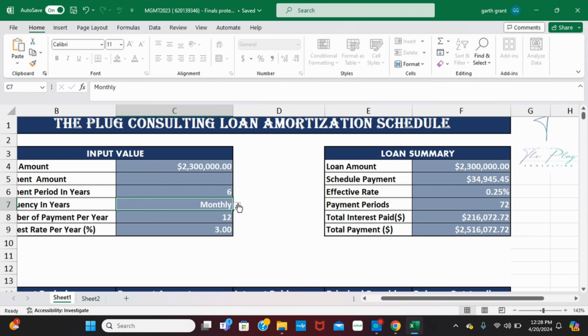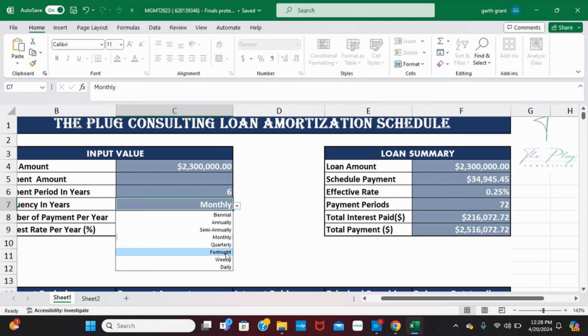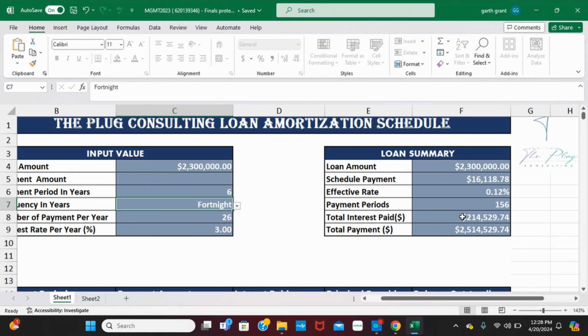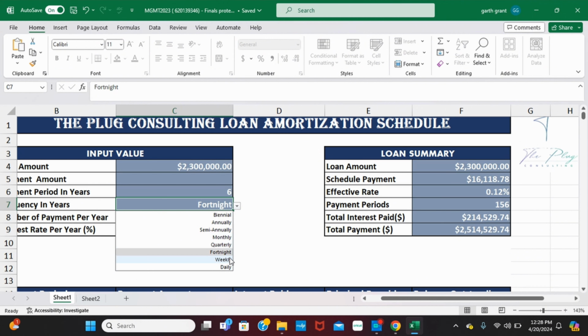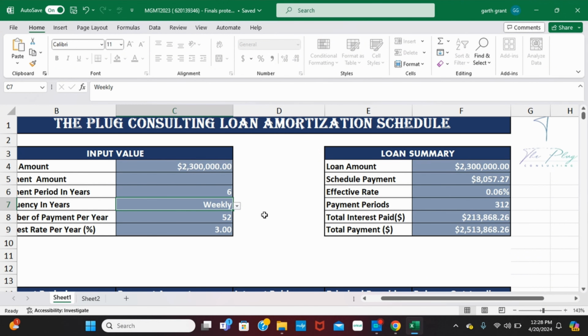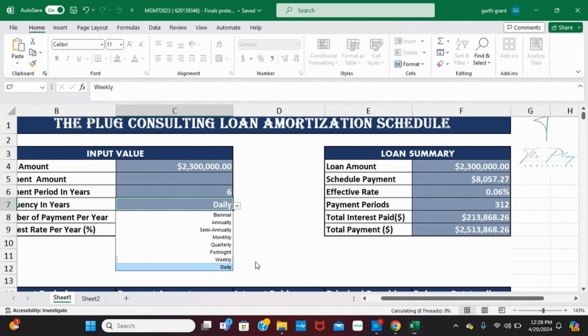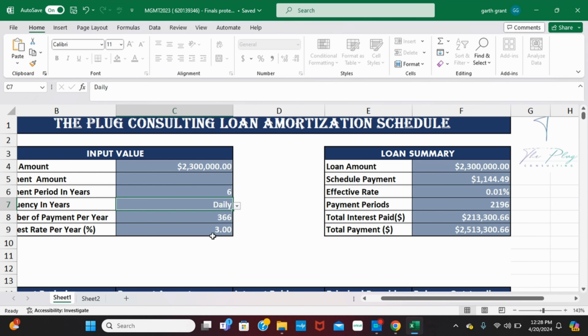Say you don't want to pay monthly, you want to pay every 2 weeks, every fortnight. You're going to notice the interest decreases. It was 2.16 and now it's lower. Suppose we decide to pay every week, it goes down a little bit more. Or we pay daily, it goes down a little bit more. But suppose we decide to pay once every 2 years, you're going to see it go up.